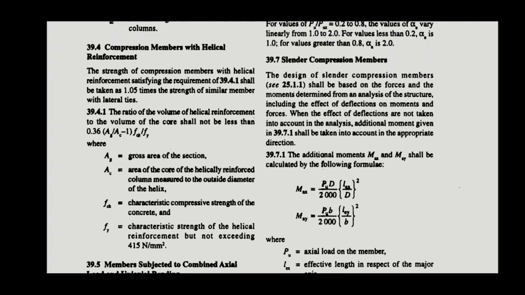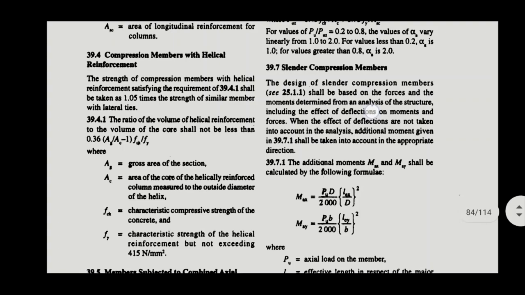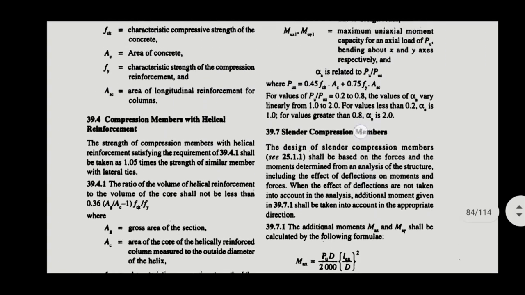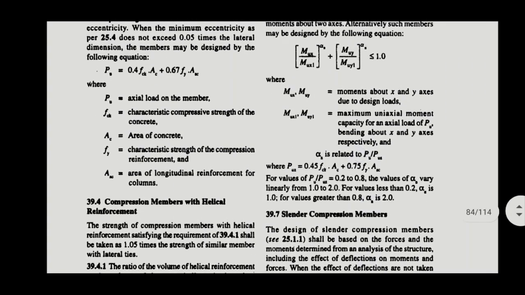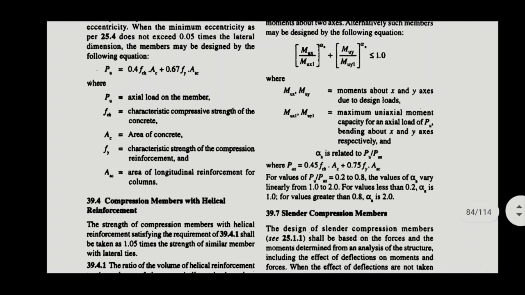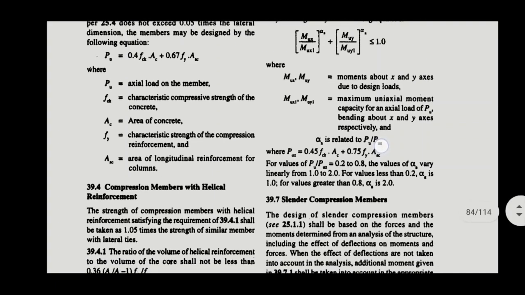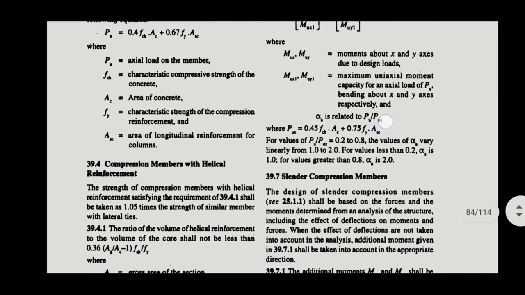So for helical reinforcement we have to multiply 1.05 with this formula, Pu equals 0.4 fck Ac plus 0.67 fy Asc.